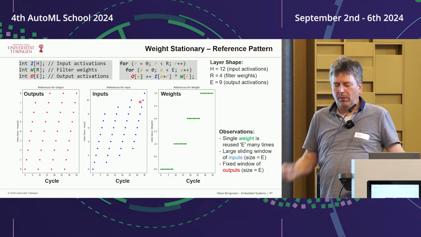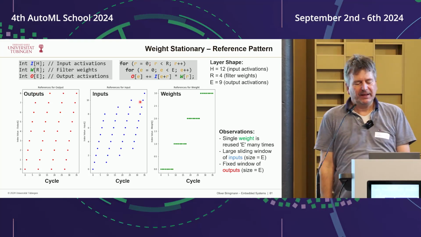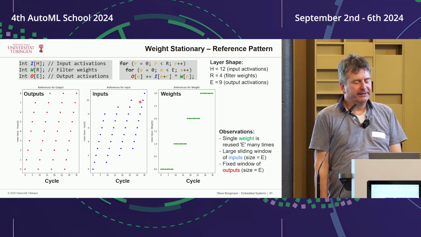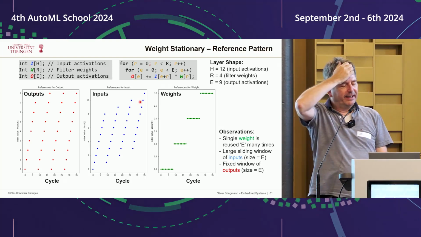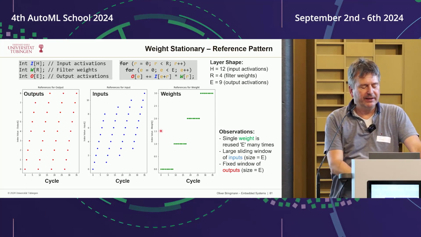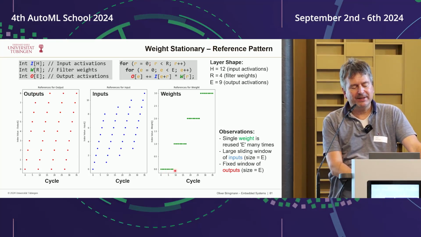One is to think about the weights, and that's called weight stationary. That's a reference pattern. I can reorder the loops in a way that the weights will get stationary. Here you see the memory accesses that are used to access the weights in the memory, and you will see that multiple times the same weight address will be taken, 4 times.